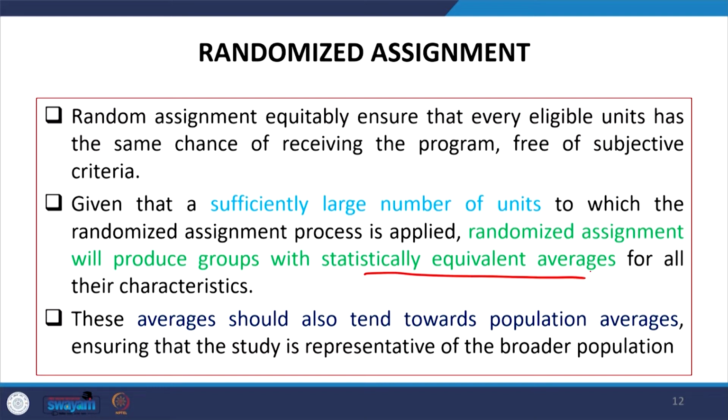These averages should also tend towards population averages, ensuring that the study is representative of the broader population. There might be some issues here: if the average treatment estimation is not tested on different or larger populations, the result might not be applicable to a larger context. So we have to make sure of that as well.